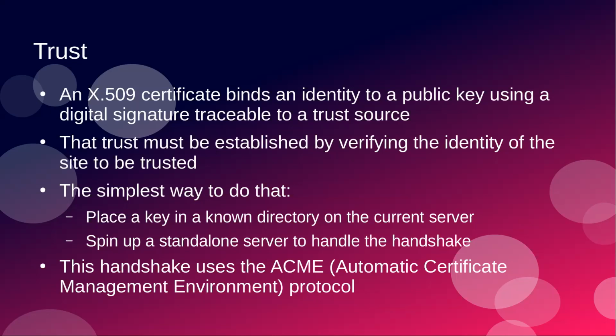And then LetsEncrypt uses the ACME, Automatic Certificate Management Environment protocol, for the LetsEncrypt server to hit that IP that you're saying belongs to that domain name, and look for the key, or the token, if you will, that has been saved there. And then that proves for that website that the name belongs to that IP address.